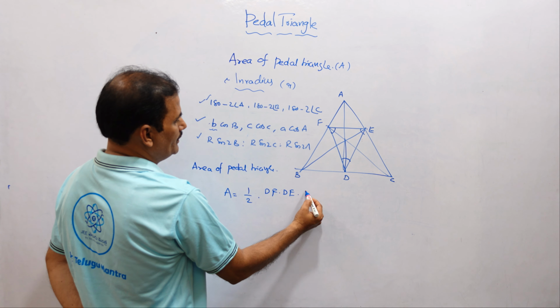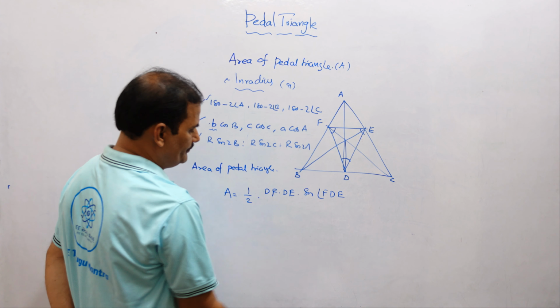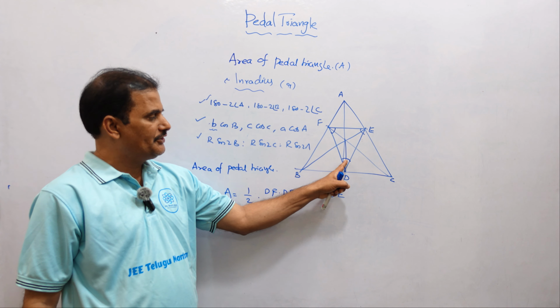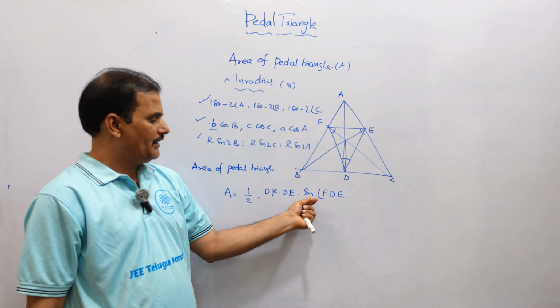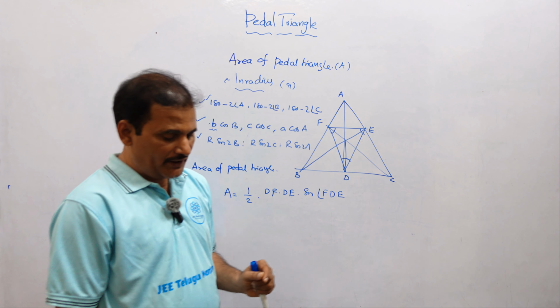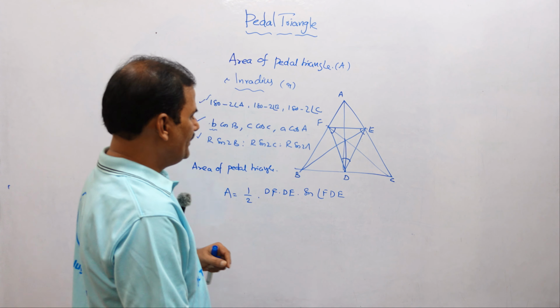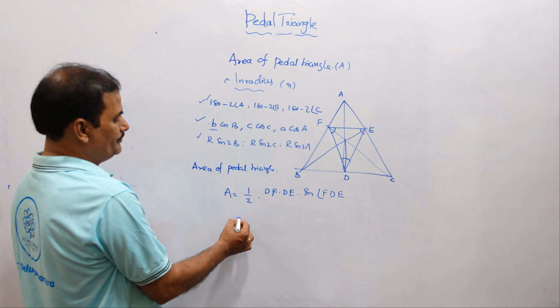The included angle is angle FDE. These two are the sides and the included angle is angle D, so it should be sin of FDE. Because the area of a triangle in properties of triangles is half into BC into sin A, like that, the product of both sides and sin of angle D.